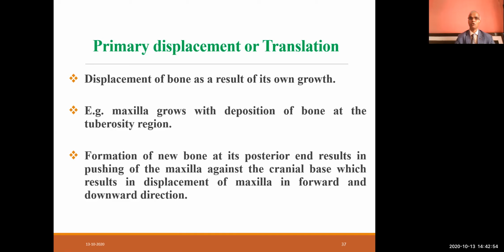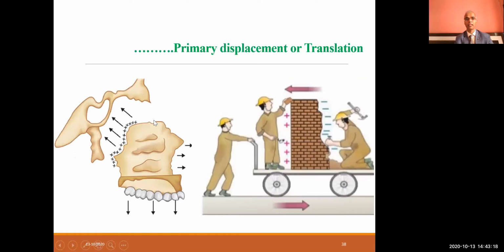Here, displacement of bone occurs by its own growth. For example, the maxilla grows with deposition of bone at the tuberosity region, and the formation of new bone at its posterior end results in pushing of the maxilla against the cranial base, which results in displacement of the maxilla in a downward and forward direction. Like here in the diagram, the deposition takes place at the tuberosity region of the maxilla, on the posterior superior surface.